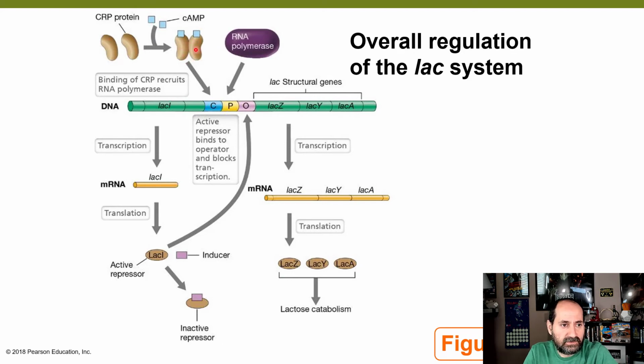Now you have your activated activator binding to the lac operon at the cAMP or CRP binding site. This promotes binding of RNA polymerase to the promoter of the lac operon, and you have gene expression. You can have gene expression of lacZ, lacY, lacA. Remember the lac operon.